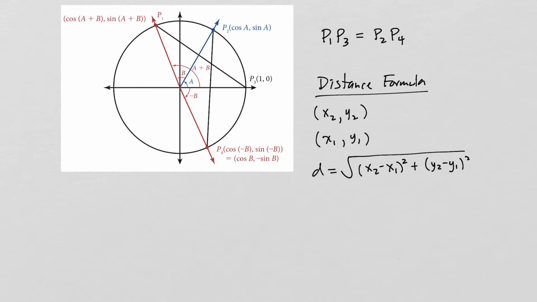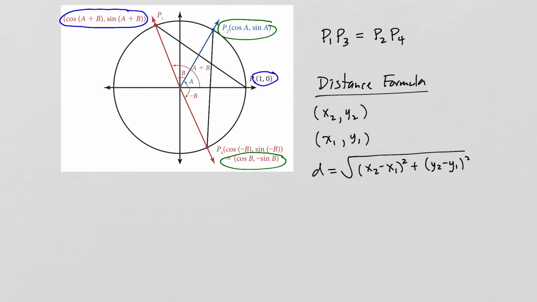So we're going to apply this formula to the points here, these coordinates and these coordinates. We're going to find the distance between those two, and then we'll find the distance between these coordinates.